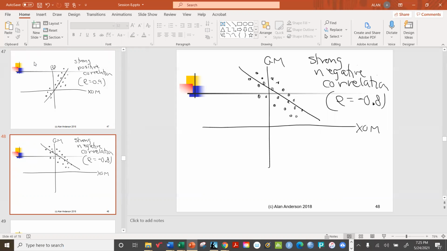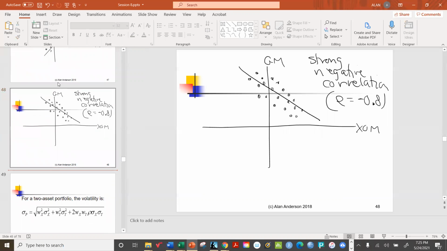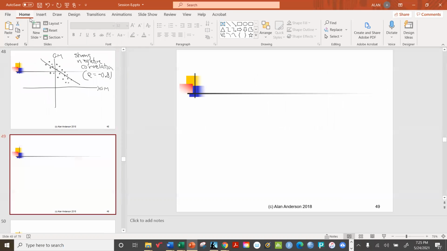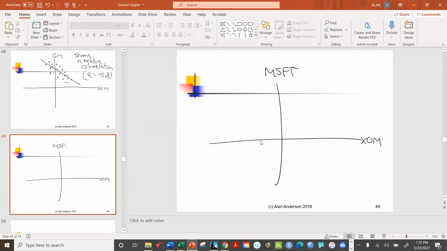And let's try a third possible combination. What if I have two companies that are truly not related to each other in any sense? Let's say ExxonMobil and Microsoft. Microsoft makes software. They're not overly affected by the price of oil. And so here you might get points scattered all over the place. There's no pattern to them. There's sort of a random jumble of points.